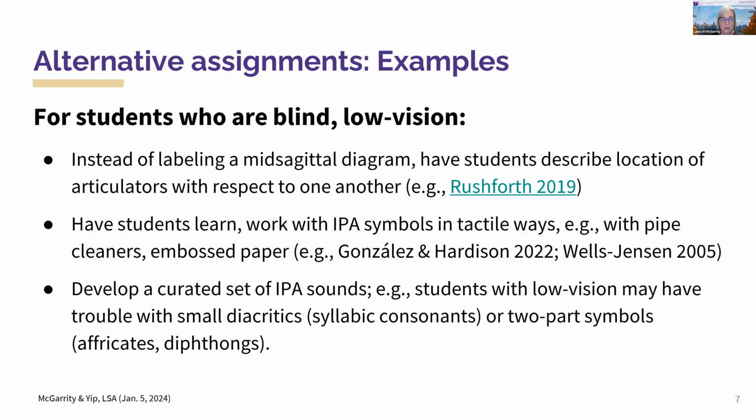You might work with the student to develop a curated set of IPA sounds. Some students with low vision, for example, may have trouble seeing very small symbols like diacritics or two-part symbols with no kerning, such as affricates or diphthongs. In such cases, you could develop a restricted set of IPA symbols for them to work with that avoids those problems.